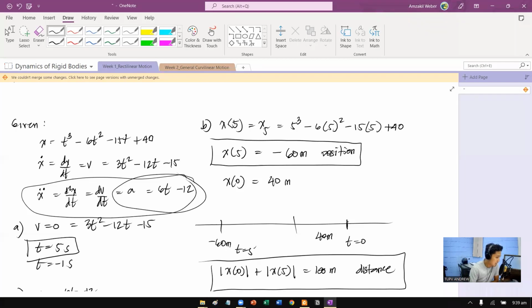It belongs to category 3, which means we have to derive, if we can, from the start using two fundamental equations, which are v equals dx/dt and a equals dv/dt. But in this case, x is already defined as a function of t.